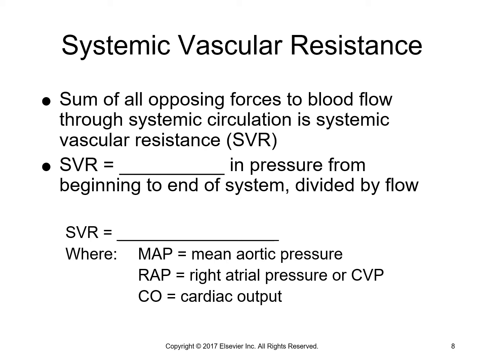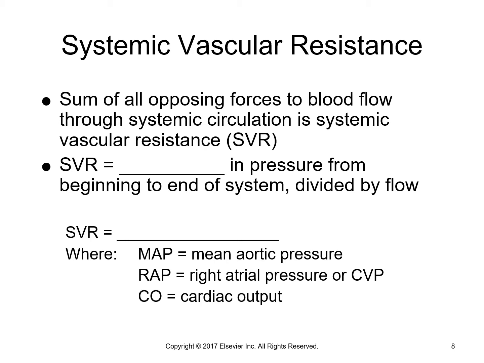So that's one way of looking at the values, okay? But it's generally represented in dynes per second per centimeter to the fifth. The way they get that number is they multiply it by 80. You multiply it by 80 to get to dynes per second per centimeters to the fifth.